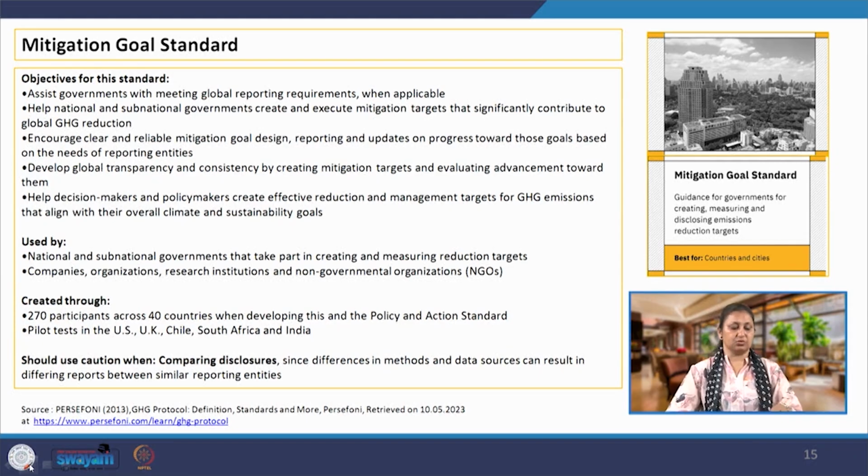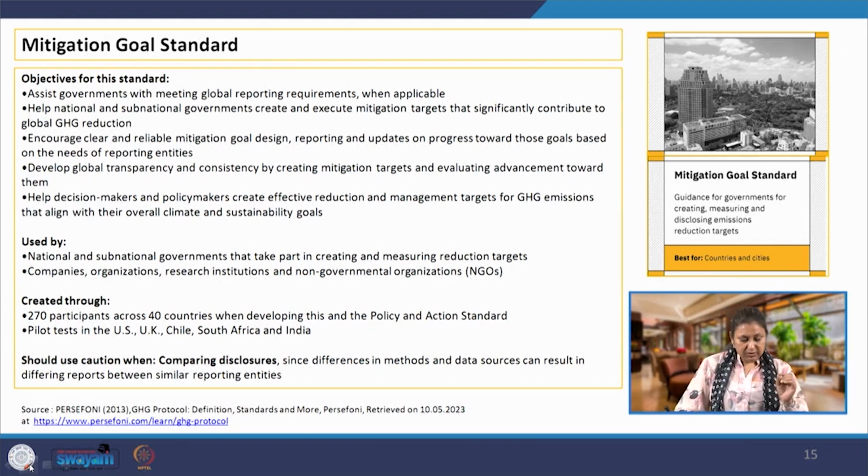It is through mitigation goal standard that it will measure and disclose the emissions that it has been producing. So, if we say that India wants to become net zero emission, through this goal it will clearly mention how it is reaching the target.